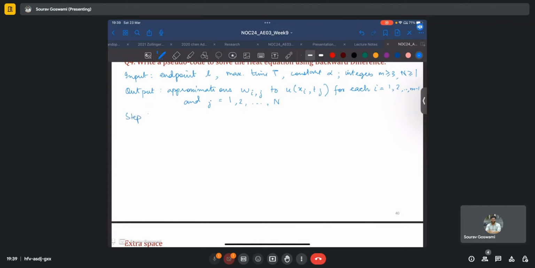Now, in the first step, we set h equals L by m. This is the step size along the length of the given part or length of the domain, one dimensional domain. k equals T by n, and lambda equals alpha square k by h square.